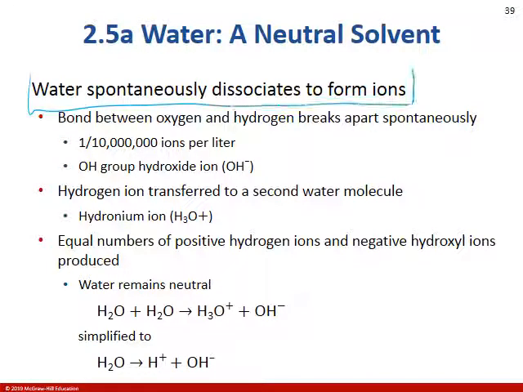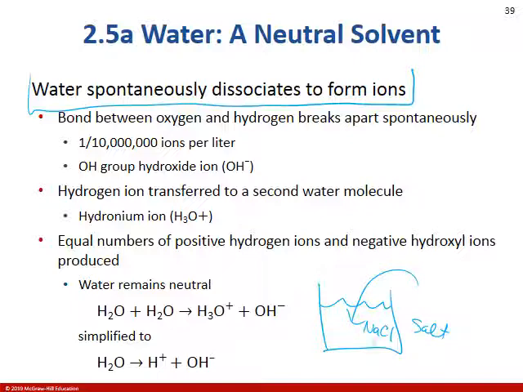Water will spontaneously dissociate to form ions. So if you have water here, and I throw in some sodium chloride, that's really salt. Let's say I throw some salt in. What's going to happen? Well, two things.